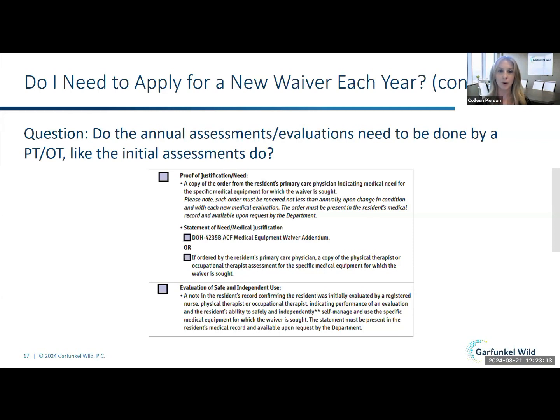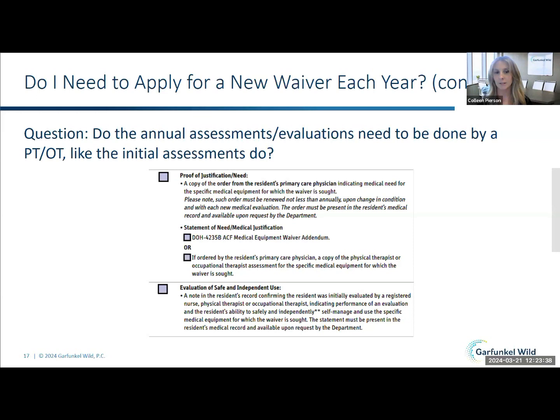Now, it says in this checklist up top under proof of justification of need that you need to be submitting a copy of a physical therapist or occupational therapist assessment for the specific medical equipment for which the waiver is sought. And then for the evaluation of safe and independent use, it says that initially they can be evaluated by a registered nurse, a physical therapist, or an occupational therapist.